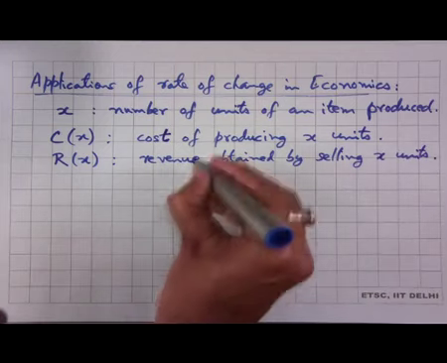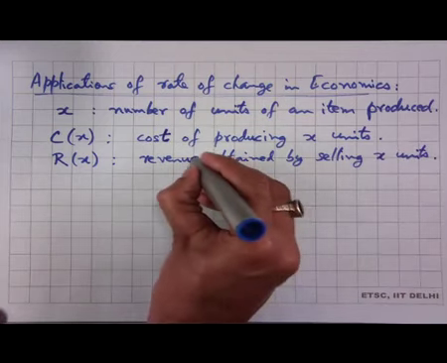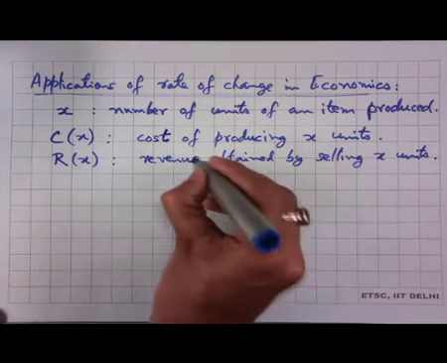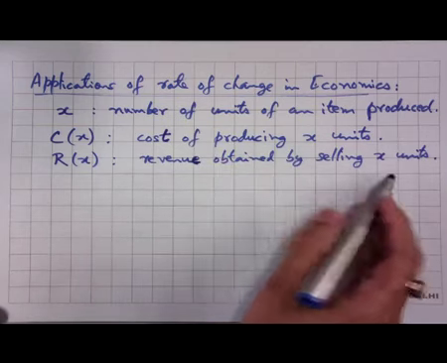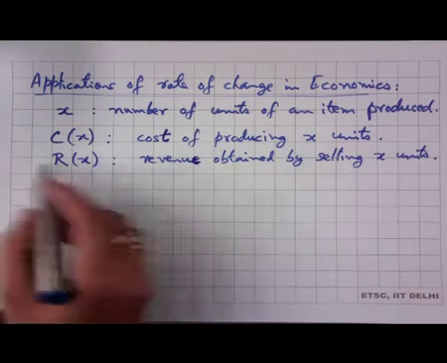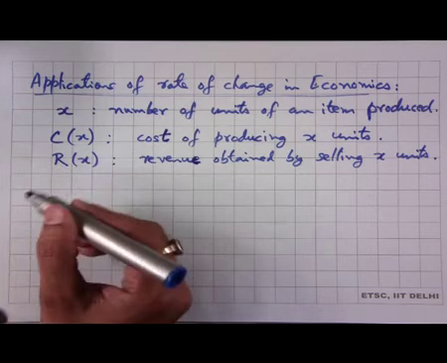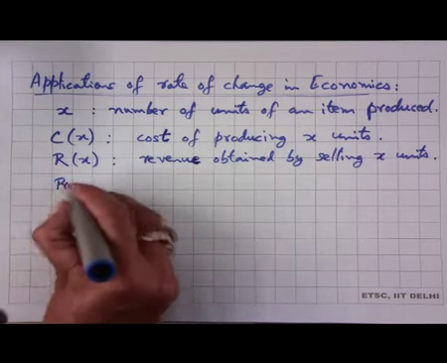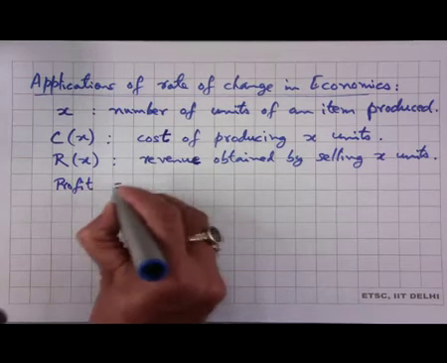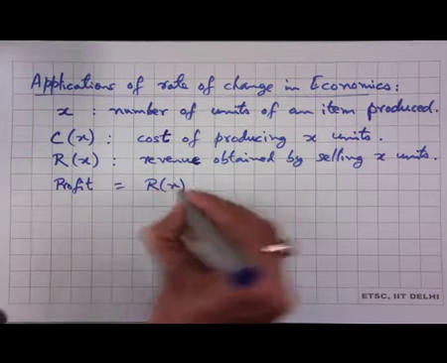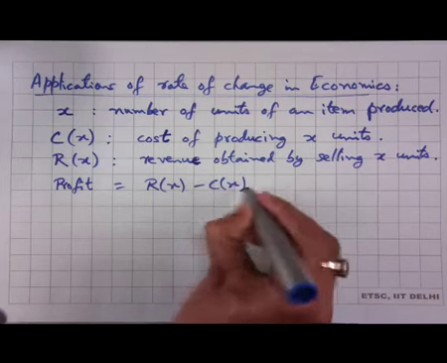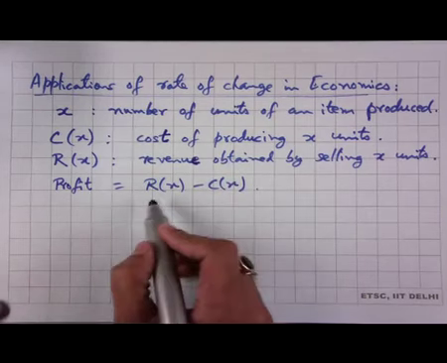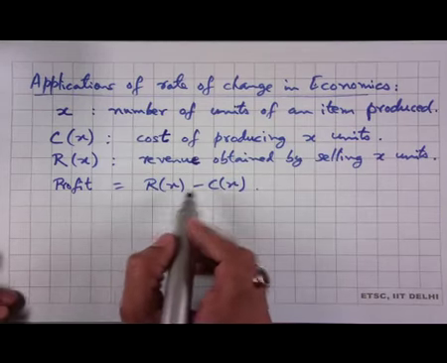So, that means, what is the amount that the company will obtain if they sell x units, that is R of x. And then of course, profit is revenue minus the cost. This again depends on the number of units x produced and sold.